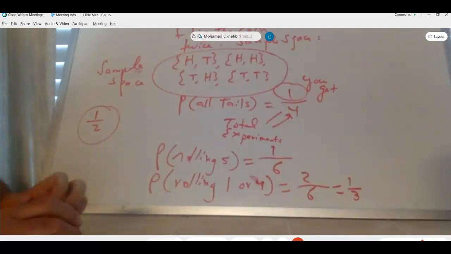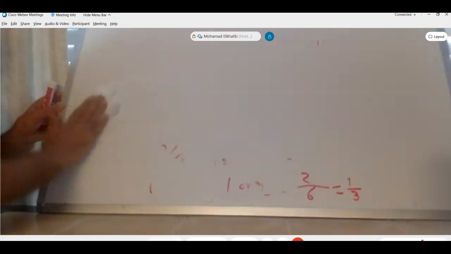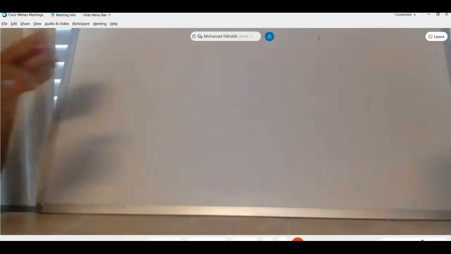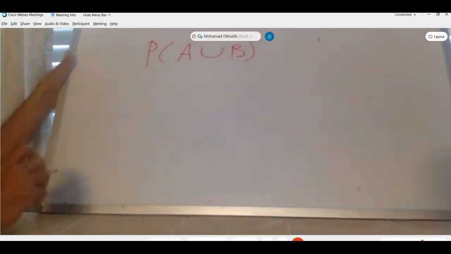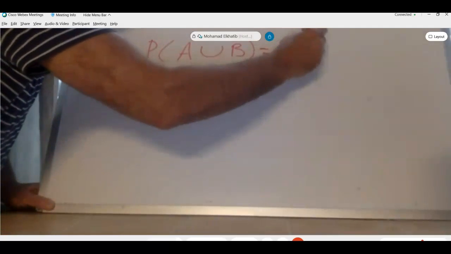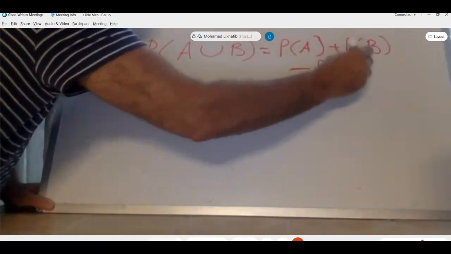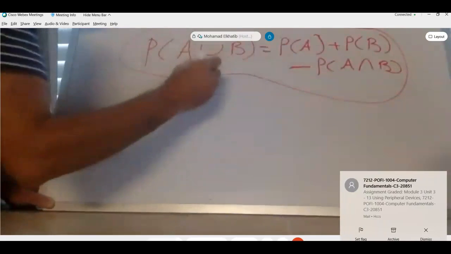Okay, can I erase it now? Yes. Okay, all right, so here are some examples. Let me first of all give you the formulas here. This is a very important formula. It tells you this: probability of A union B equals probability of A plus probability of B minus probability of what's common between A and B. So go ahead and copy this formula and I'll show you what it means in a minute.